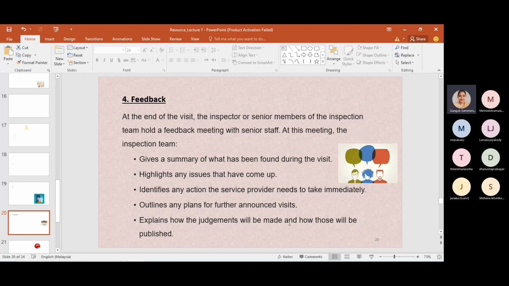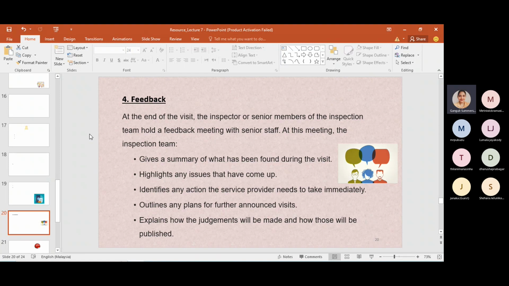What happens in this stage is, as the name itself says, you are basically giving feedback.